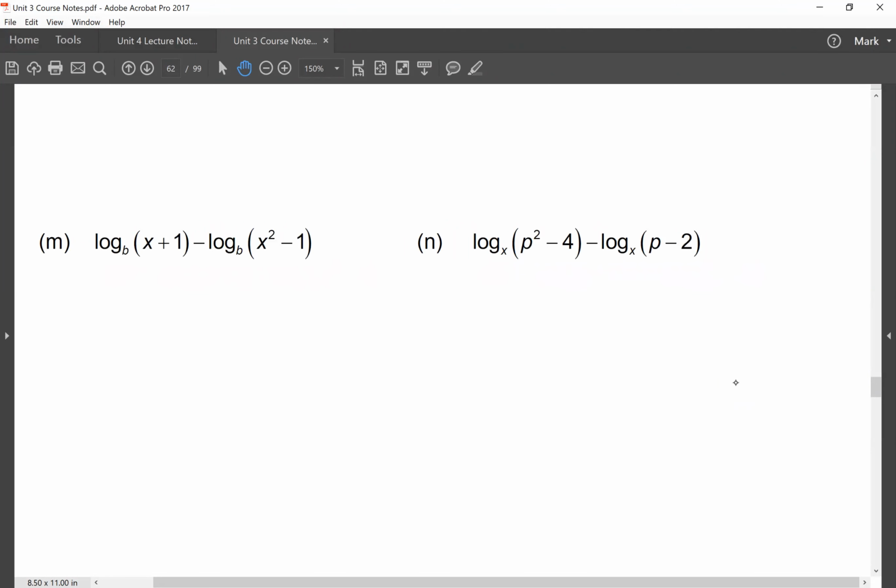So the first thing you guys would probably notice is that these are subtracted. So you could rewrite this as log x of p squared minus 4 divided by p minus 2. Right? This subtraction turns into division. Pretty normal.